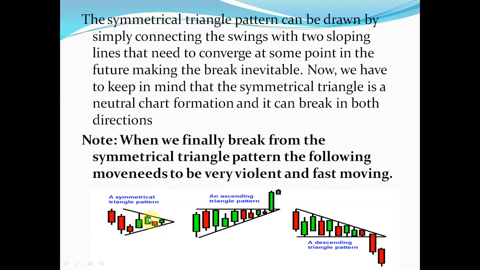These two sloping lines need to converge at some point in the future, making the break inevitable. In the diagram, you have to draw two trend lines; it has two peaks and two troughs, and they should merge. So this is a symmetrical triangle pattern.